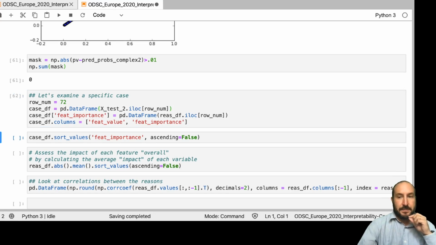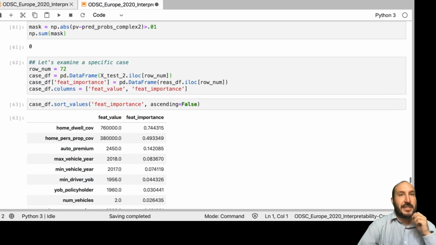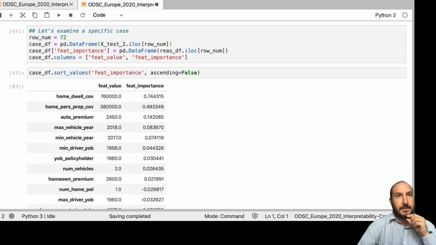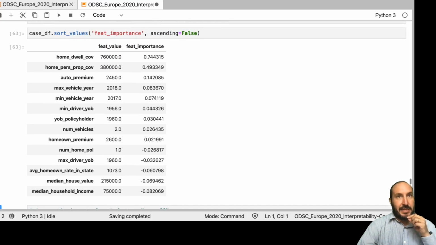So I'm taking a particular row, a particular data point, and I've rearranged the values in order of their feature importance. This person has a home that's insured at $760,000, and their personal property is valued at $380,000.